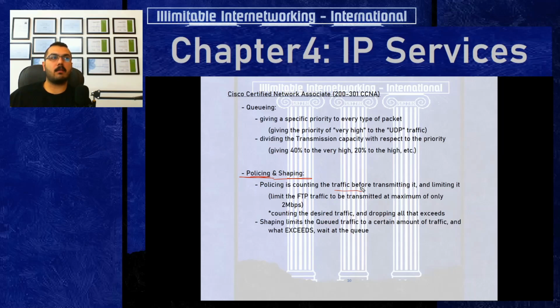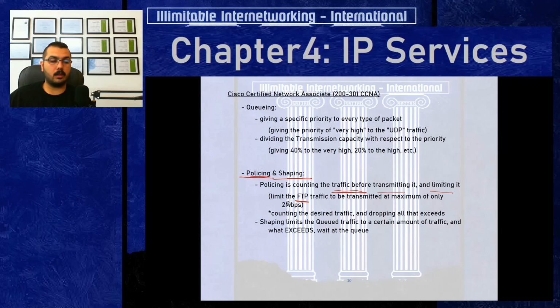Counting like this traffic is about 1 megabit, this traffic is about 100 megabit. So I will transmit the 100 megabit maybe per second, depending on the reserved area in the TX queue for this type of traffic. So policing is counting the traffic just before transmitting it.